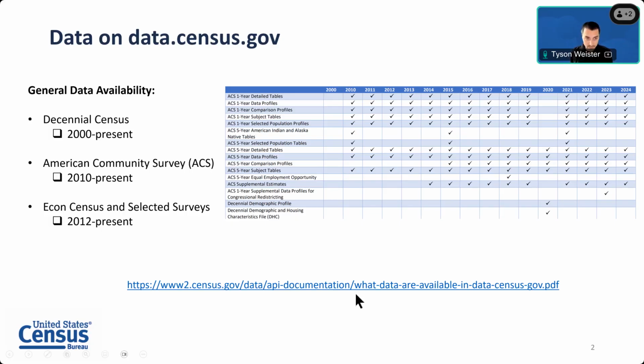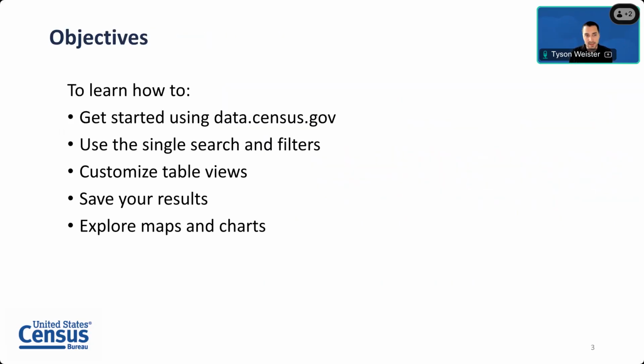With that background on the content of what you can get on our site, we're going to dive into the demonstration and really focus on how to go about searching for these data. The objective for today is for you to leave with the ability and confidence to get started using our site.